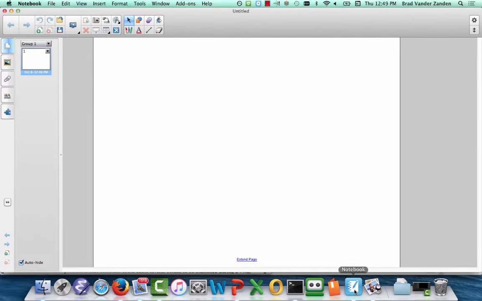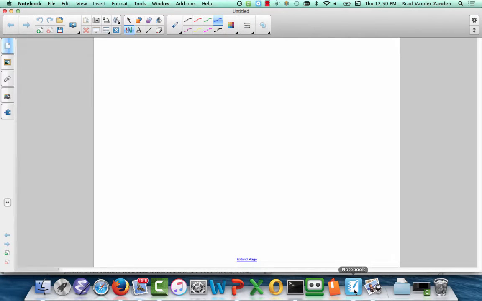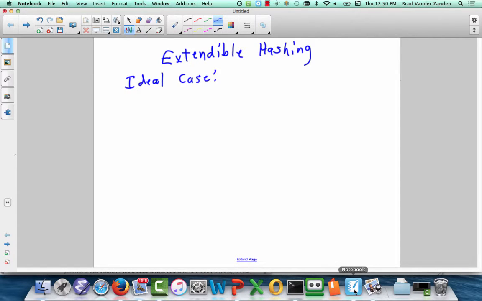Okay, so if you remember, we use extendable hashing in place of hashing. And the idea is that in the ideal case, you only need 2 disk accesses to locate a record.